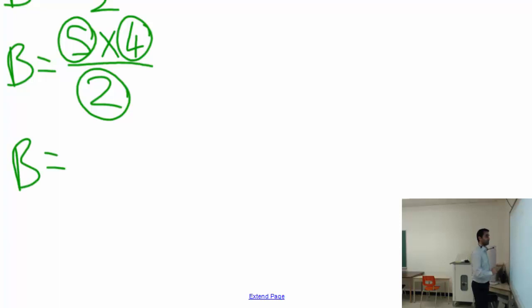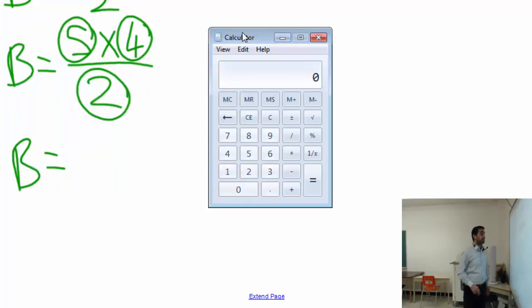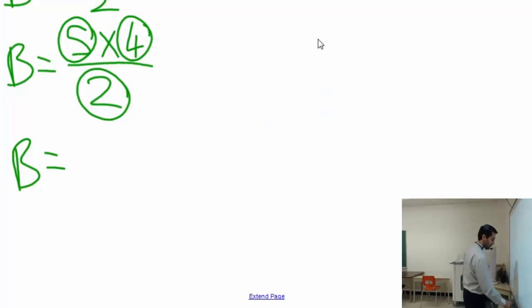Base area equals, my calculator. Between 5 and 4, it's a multiplication. There's an x as well, but we're going to keep it as x. 5 times 4 divided by 2. So all those 3 numbers come out as 10. Let's write down 10 here.